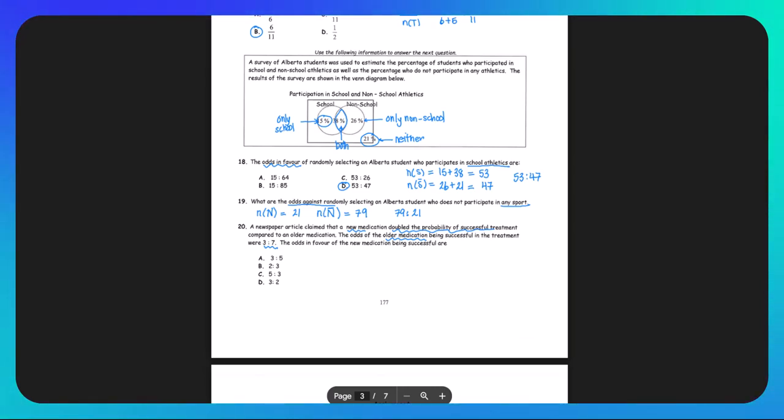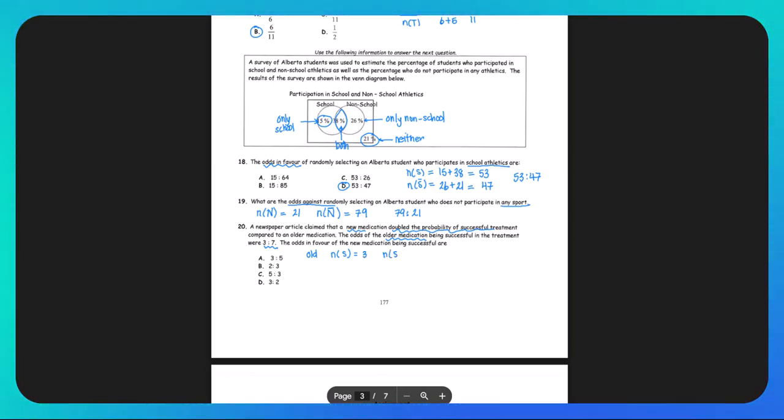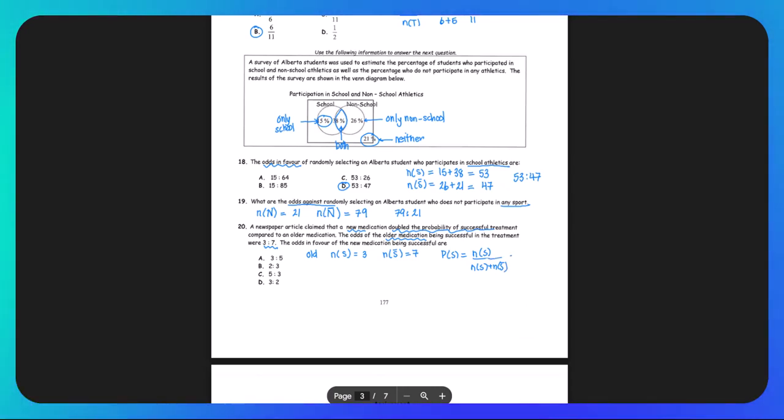Okay, so in other words, for the old medication, the number of successful treatments was 3 to the number of unsuccessful treatments, which was 7, which means the probability of success is going to be the number of successful over the total number, which is NS plus NS bar, which equals 3 over 3 plus 7, which is 10. And that actually makes a nice little decimal. We can put it as 0.3 if we wish.